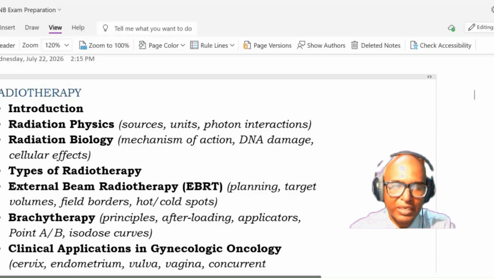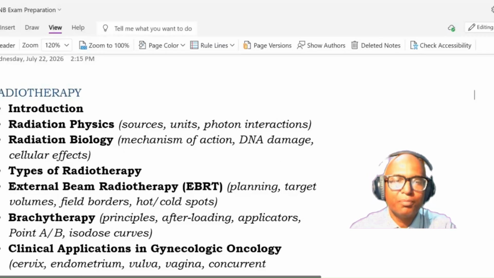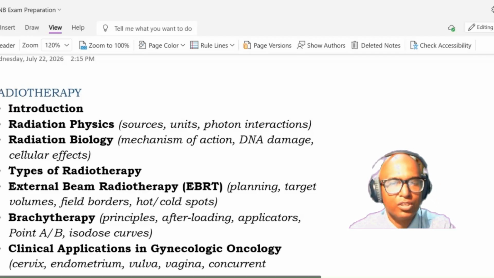So if you get such a question, radiotherapy in gynecology, under which headings are you going to discuss? You will write about the introduction. Some radiation physics you need to mention, that means the sources of radiation, units, photon interactions, etc. Then radiation biology we will write, that is the mechanism of action, how they do the DNA damage.